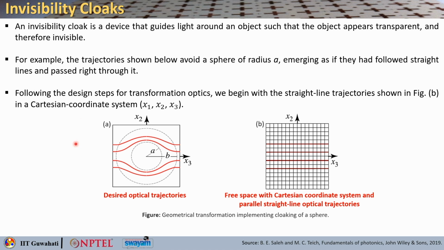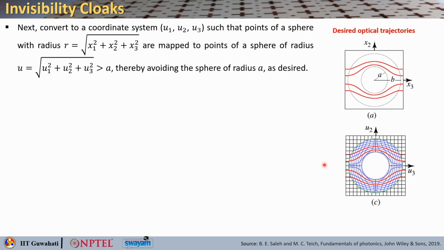So, the following design steps from coordinate transformation need to be followed. You begin with straight line trajectories, as you can see here in a Cartesian coordinate system which has x1, x2 and x3 as the axes.